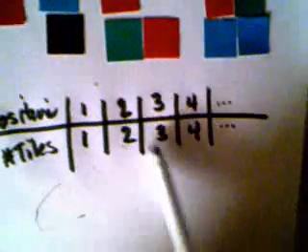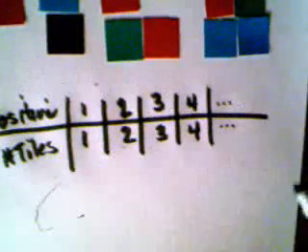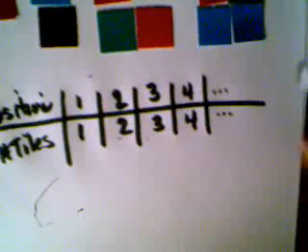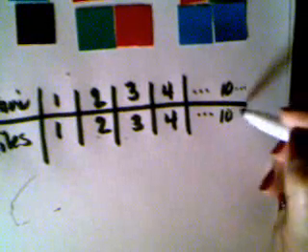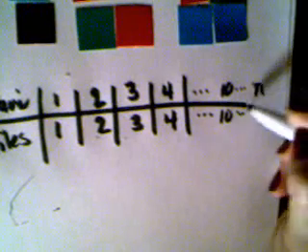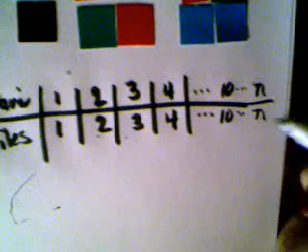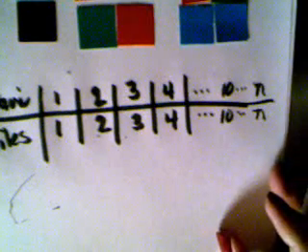So we can easily see by looking at the table that in the 10th position there would be 10 tiles, and in the nth position there would be n tiles.